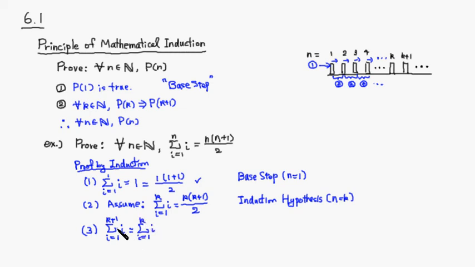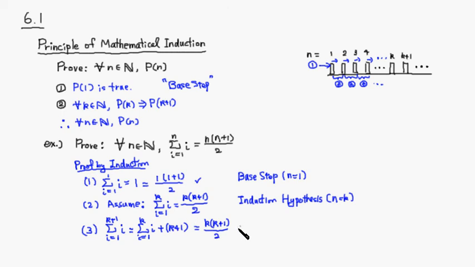Then there's one more term, the last term, k plus 1. We have a formula for the first part from the induction hypothesis: k times quantity k plus 1 over 2.